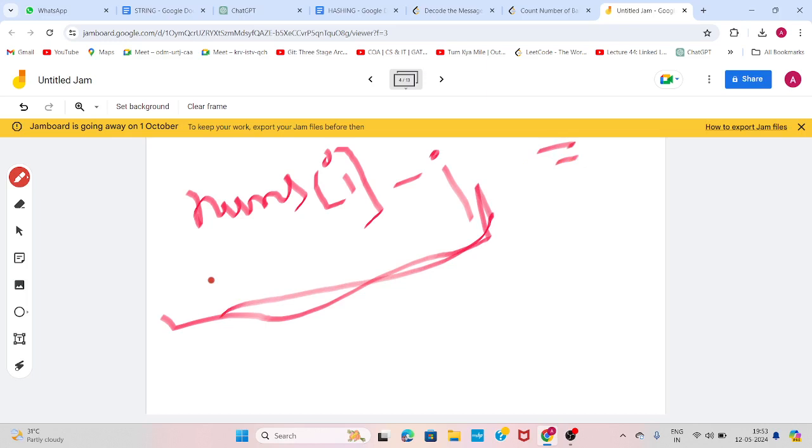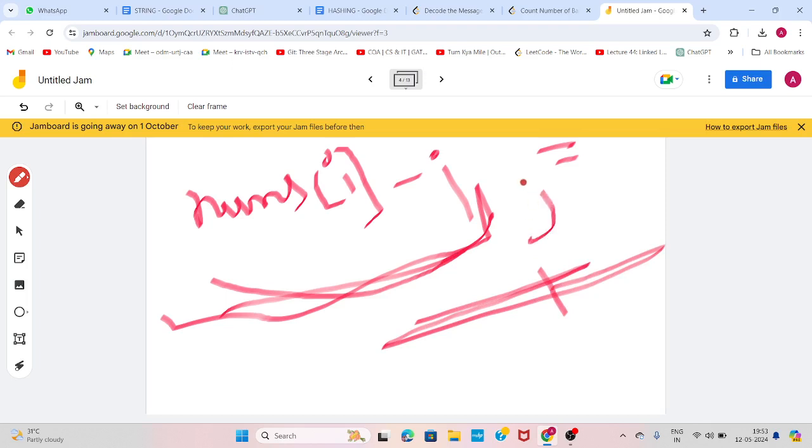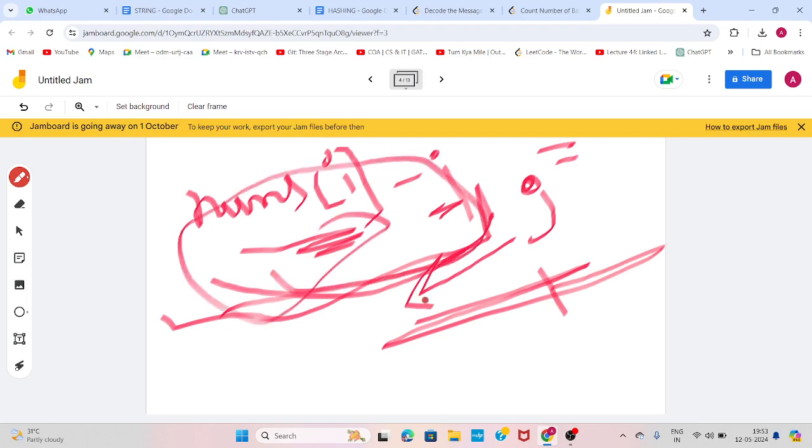So if we are at index j, we will calculate x equals nums of j minus j, and we'll check if in this side, among the earlier elements, any number equal to this is available.